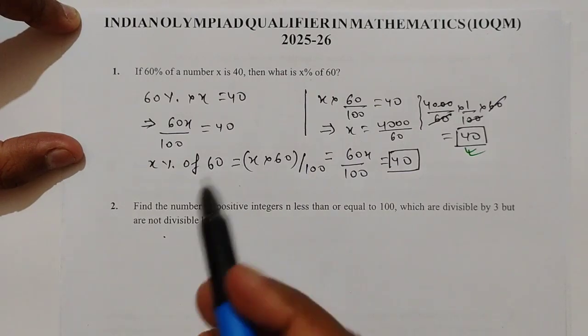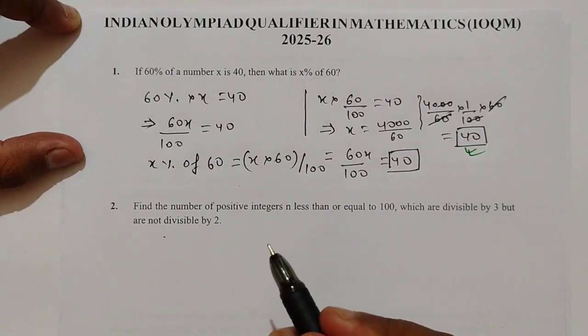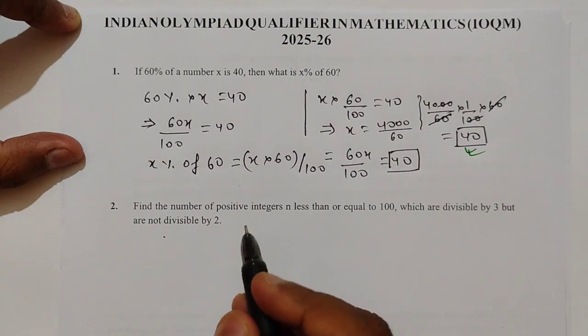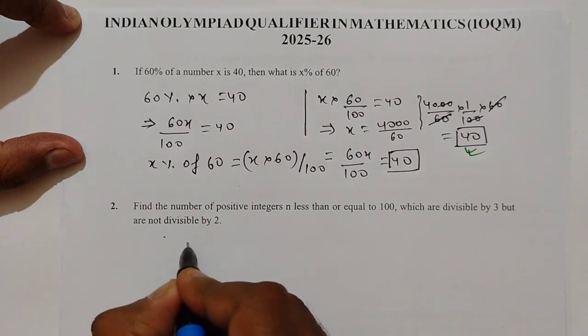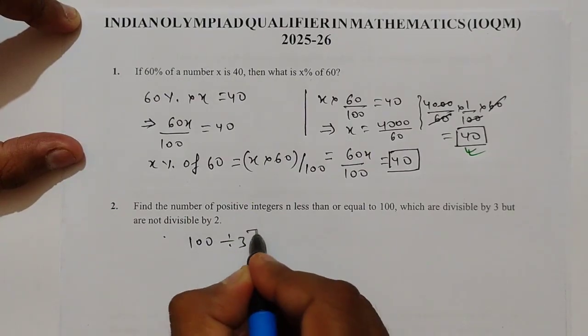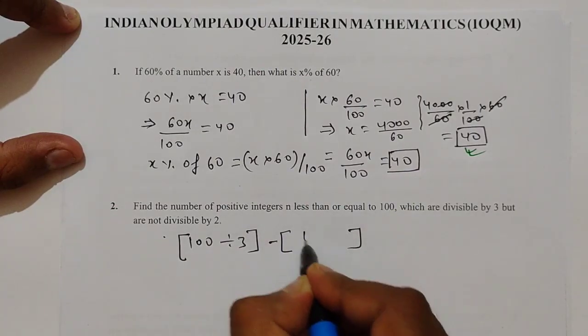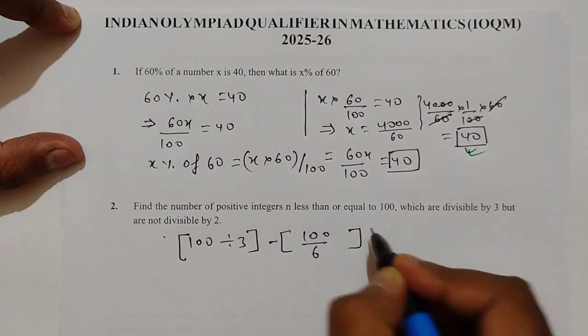So here we use the greatest integer value of the division of 100 by 3, and also subtract the greatest integer value of 100 by 6.